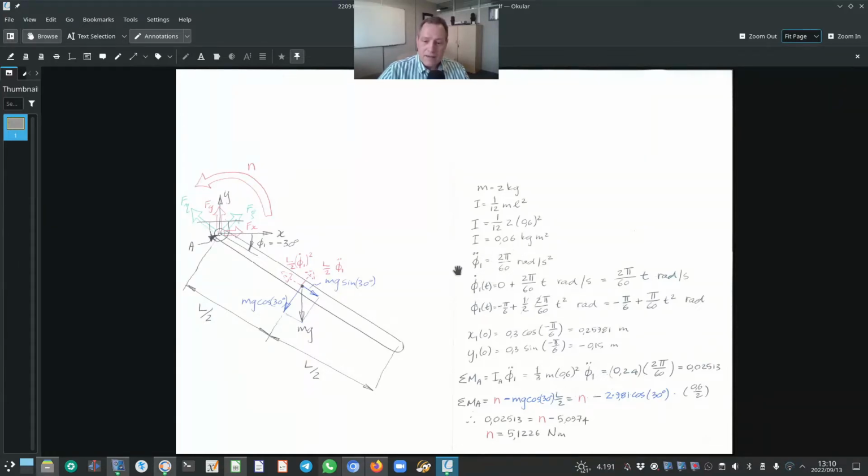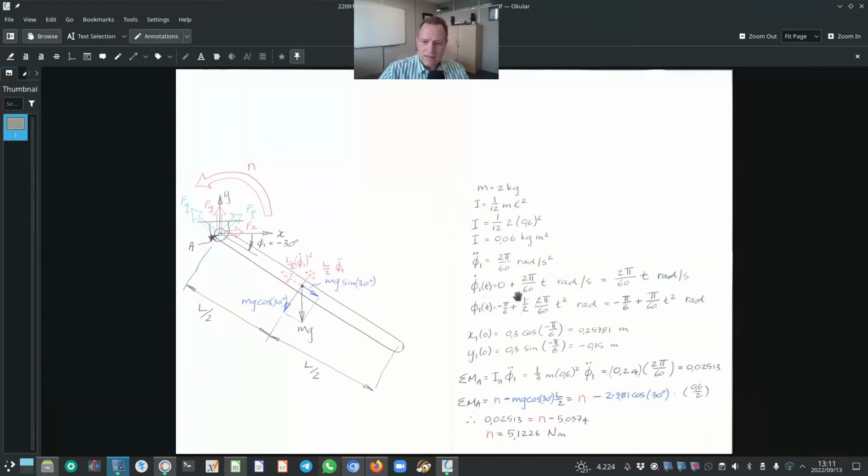The angular acceleration that we want to achieve is 2 pi over 60 radians per second squared, and we find the angular velocity by integrating this constant angular acceleration.